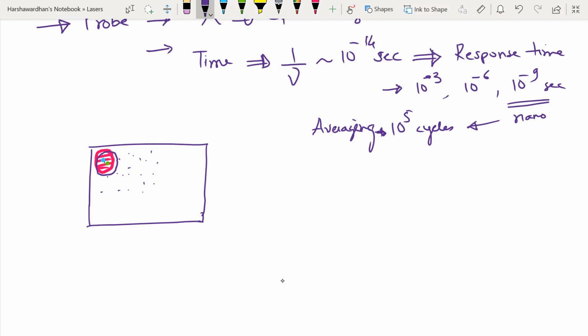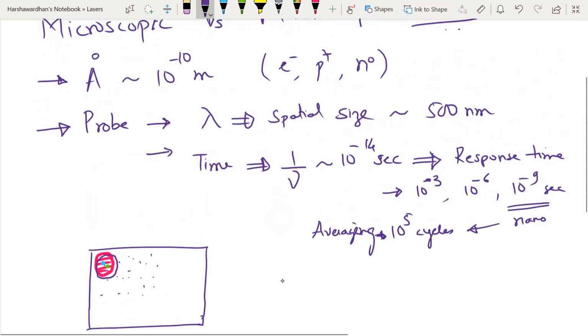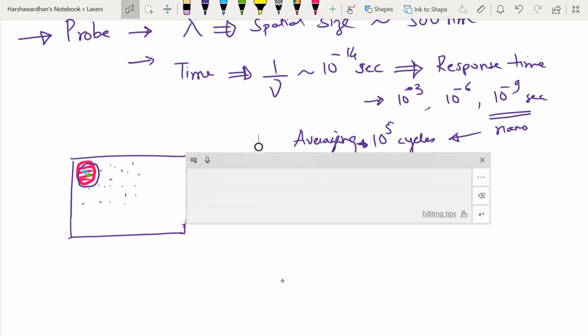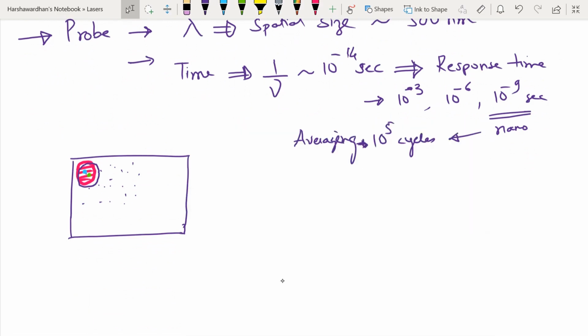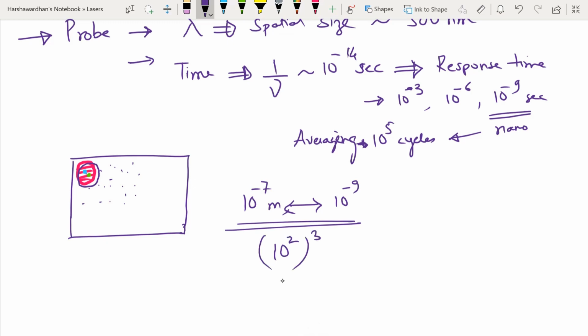Let's say I am looking at a scale of hundreds of nanometers, so this is 10 to the power minus 7 meters, whereas the spacing between atoms is about 10 to the power minus 9. So even if I look at a volume which is wavelength size, I'll quickly get essentially 10 to the power of 2 cubed number of atoms within such a scale.